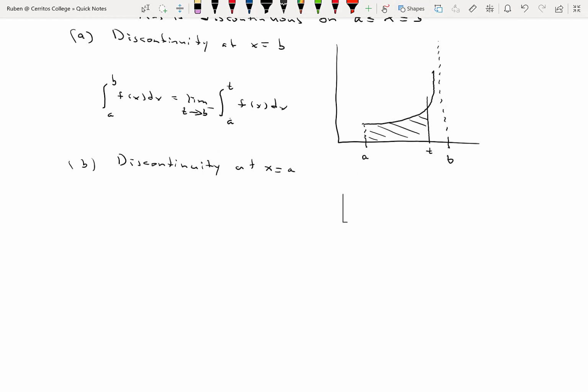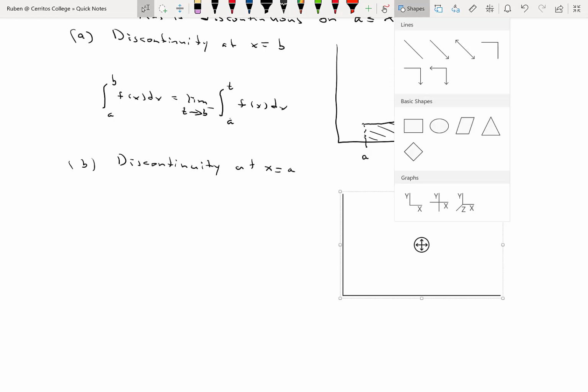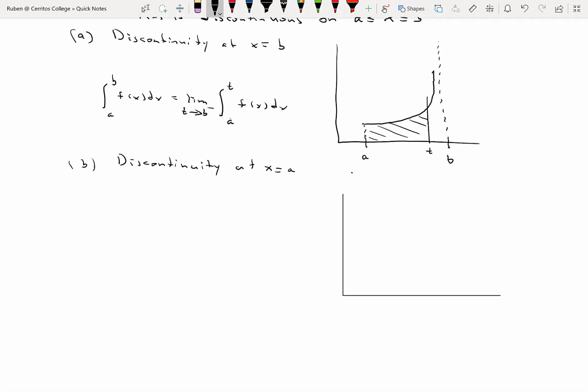If we have a discontinuity at the left endpoint, it means we're looking at something like this. So at x equals a, let's say we have an infinite discontinuity, and at x equals b, and all the points actually between a and b, we have a continuous function.